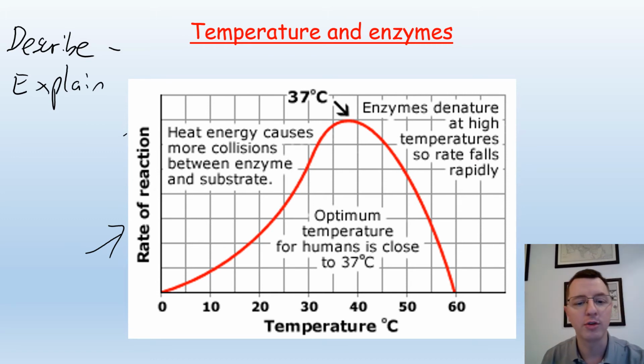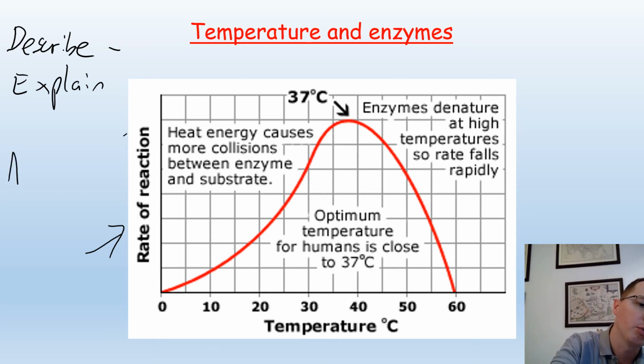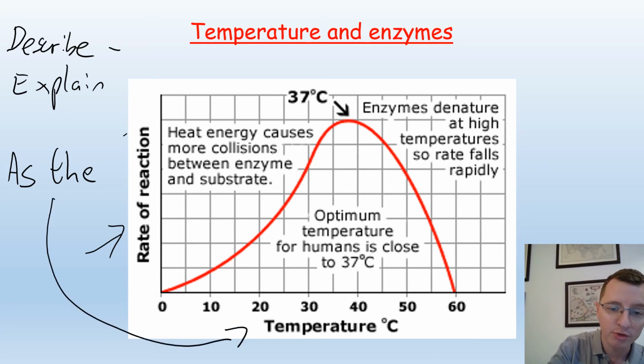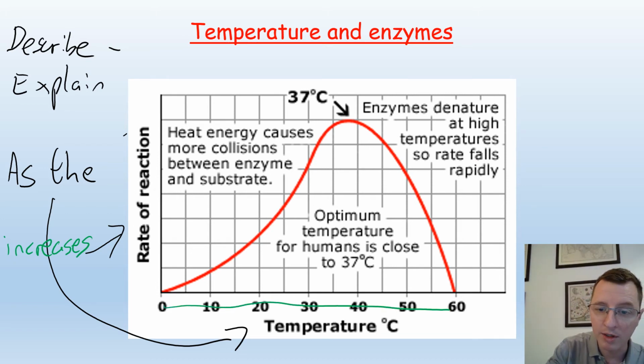So let's look at the first area where we're describing the graph. Whenever you have to describe a graph, you should always start the sentence with "as the". And then you look at the bottom of the graph and you just state what's written at the bottom, as the temperature, and then you include the word increases. As the temperature increases, these numbers here are all getting bigger. It's a very simple start.